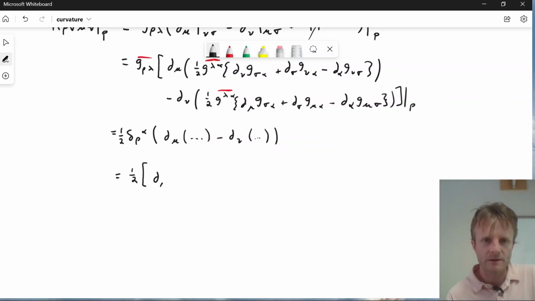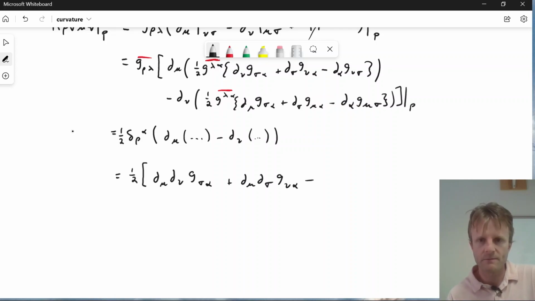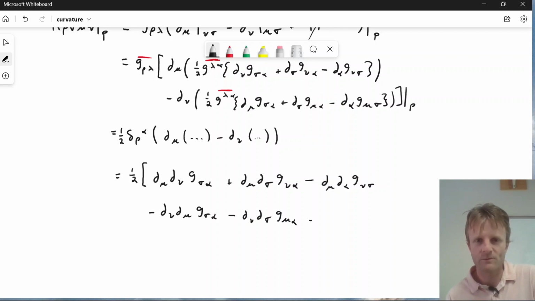So I'll get del mu del nu g sigma alpha, plus del mu del sigma g nu alpha, minus del mu del alpha g nu sigma, minus del nu del mu g sigma alpha, minus, so now I'm working on the bottom line, del nu del sigma g mu alpha, minus del nu del alpha g mu sigma.